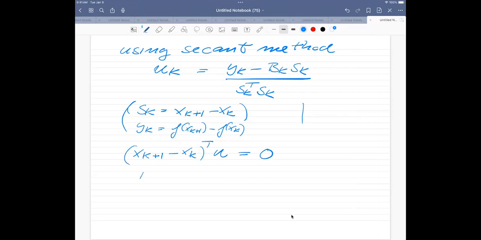Which means that what you're saying then is that b of k plus 1 times u is equal to b of k times u. If this is the case. So this is an assumption which you make in order to set up this iterative process.